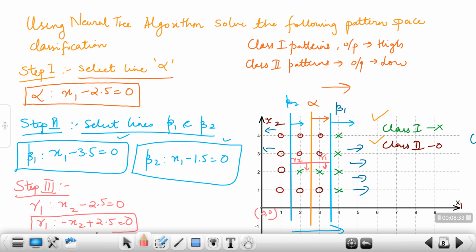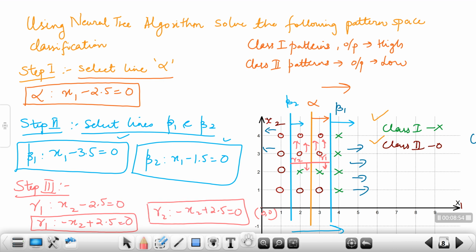This is the equation. And similarly gamma 2 is also minus x2 plus 2.5 is equal to 0. Now on the negative side of gamma 1 and gamma 2, we see that everything is properly classified.